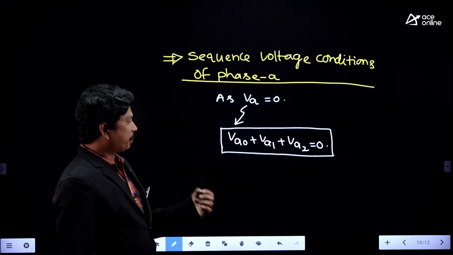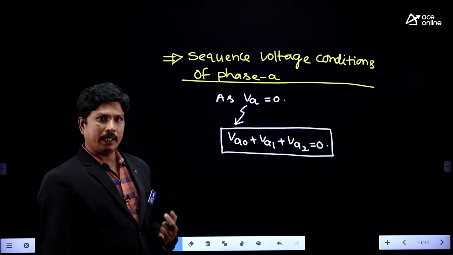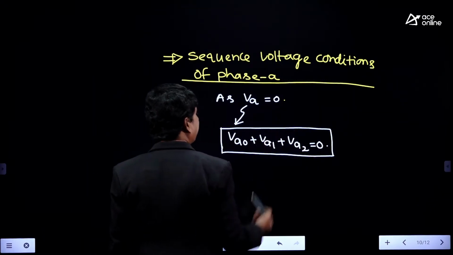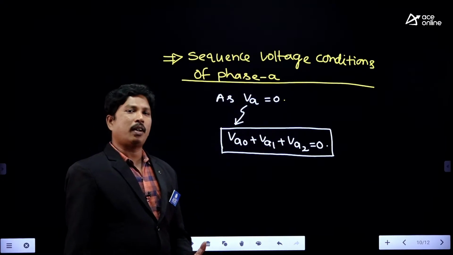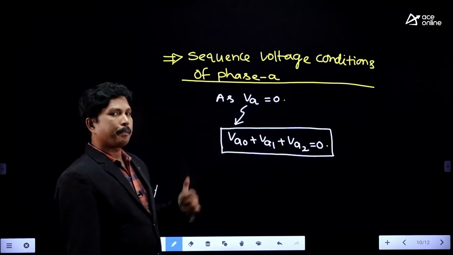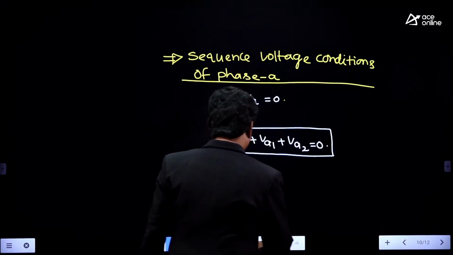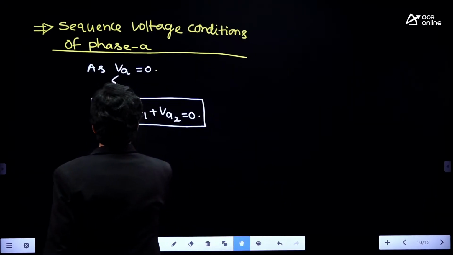So VA0 plus VA1 plus VA2 is equivalent to 0. Clear? So whenever the sum of voltage components is equivalent to 0, that fault we can call the line to ground fault.